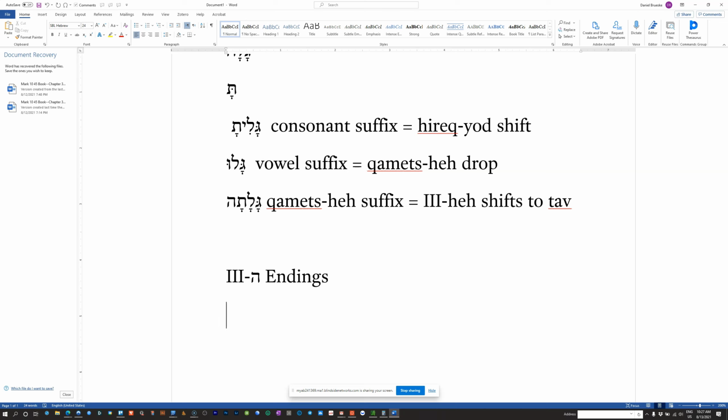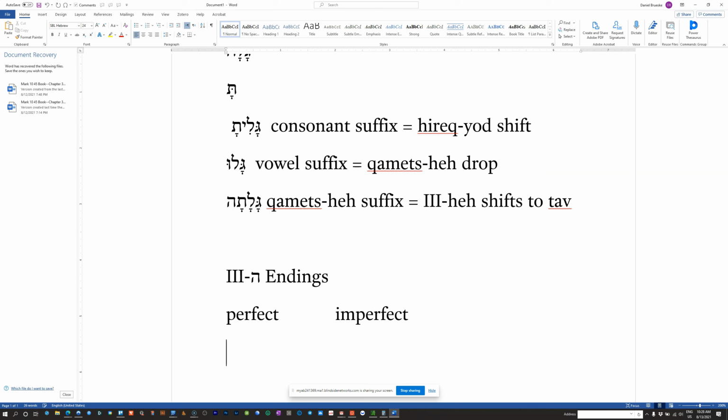So far we've learned 2 conjugations that use the third hey, or that apply to the third hey. We've learned the perfect, and we've learned the, how do we want to do this? Imperfect, I guess. So we'll do it this way.